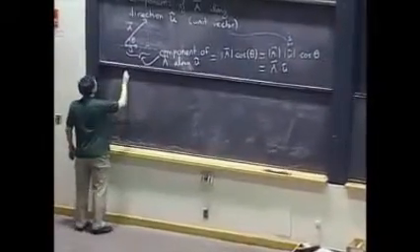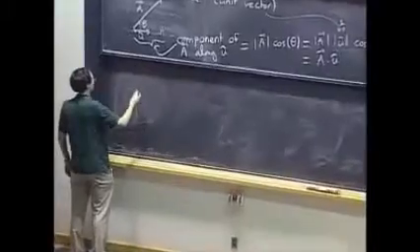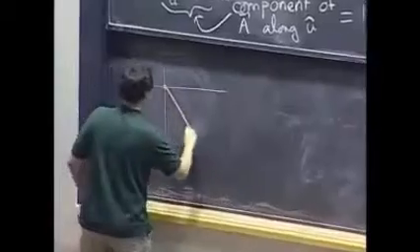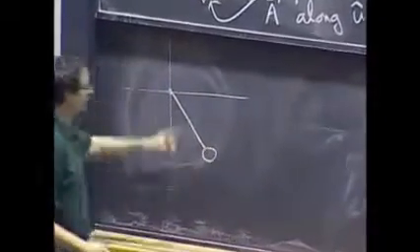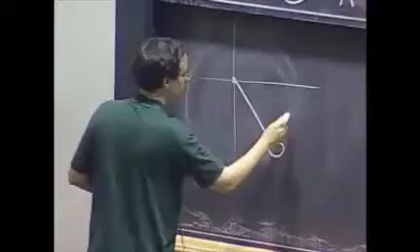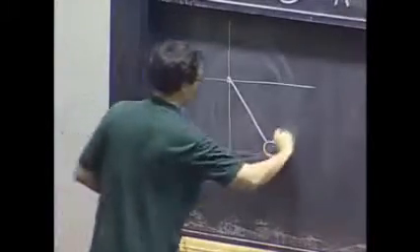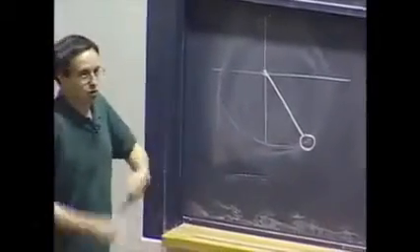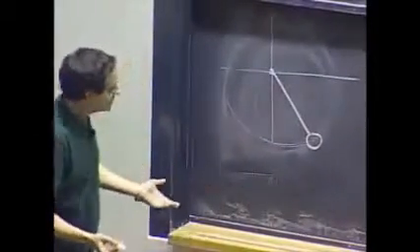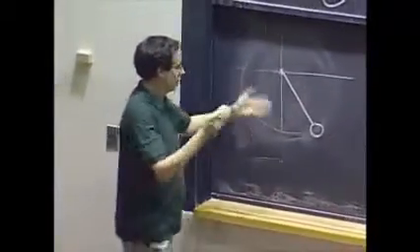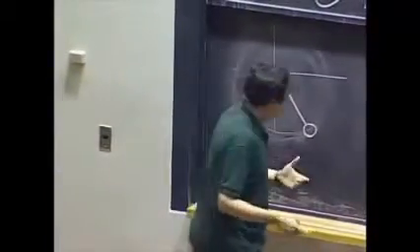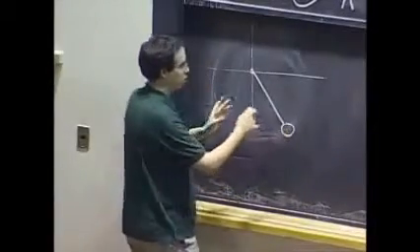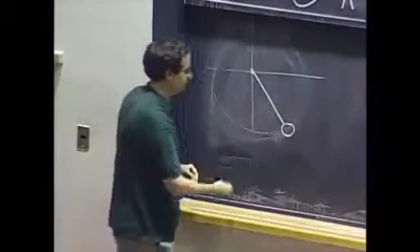Well, for example, in physics, maybe you have seen situations where you have a pendulum that swings, so you have maybe some mass at the end of a string, and that mass swings back and forth on a circle. And to analyze this mechanically, you want to use, of course, Newton's laws of mechanics, and you want to use forces and so on. But I claim that components of vectors are useful here to understand what happens geometrically.